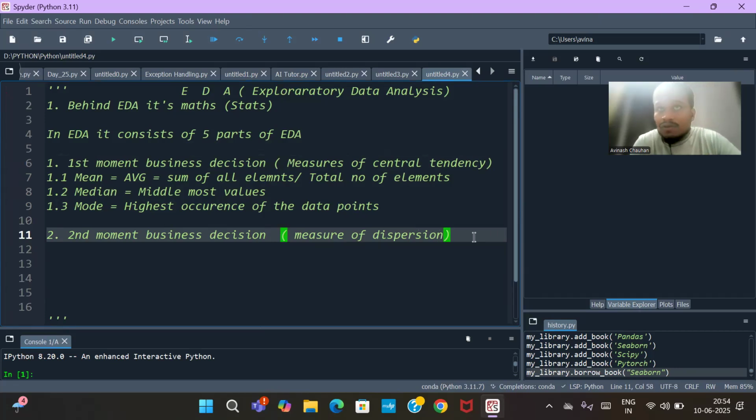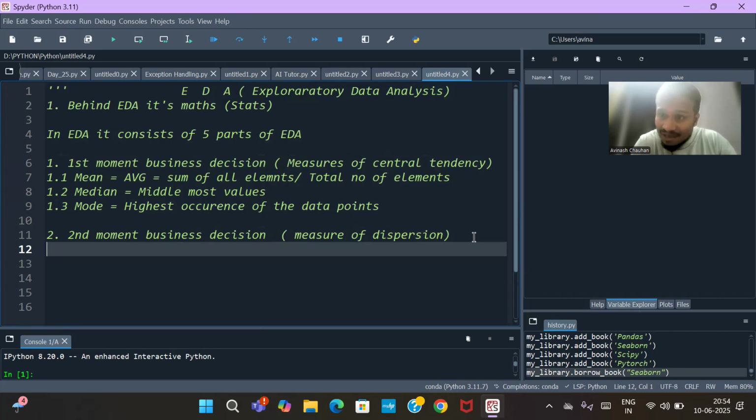I think these terms you might have heard in stats. What do you mean by measures of dispersion? Measures of dispersion: the very first thing is variance.